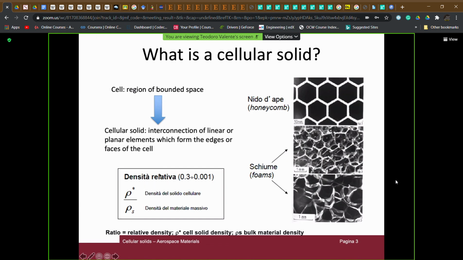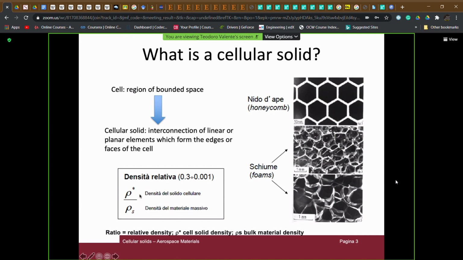This means, sorry for the Italian, the relative density of the cellular solid, which is the ratio between the real density of the cellular solid and the density of the corresponding bulk material. This ratio is in the range 0.3 to 0.001. That is, the density of the solid is very, very low.